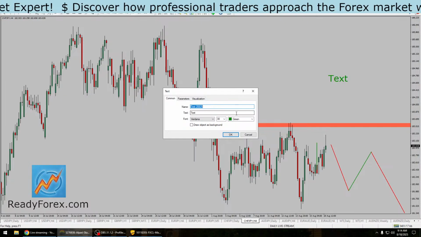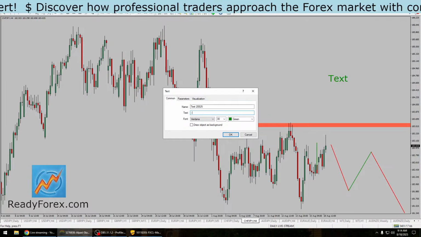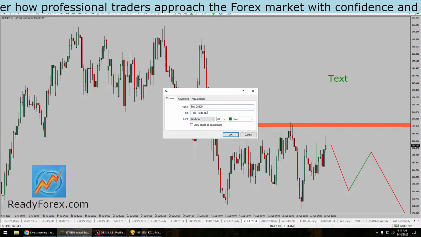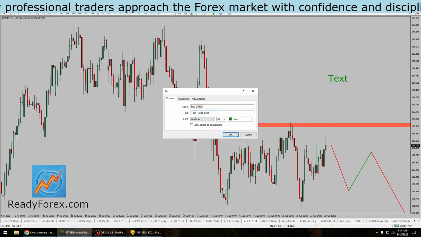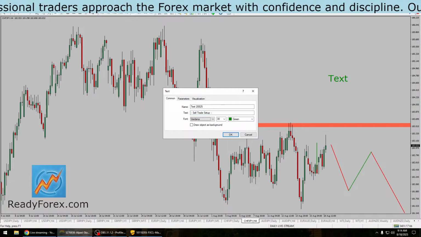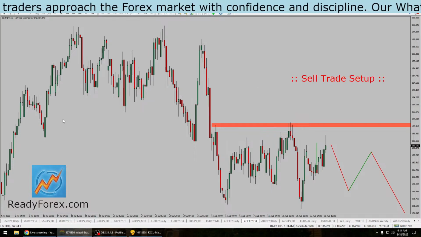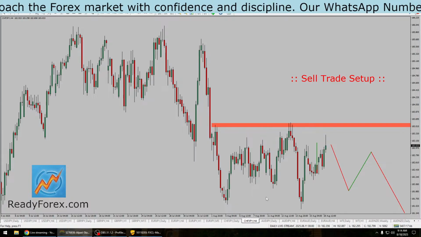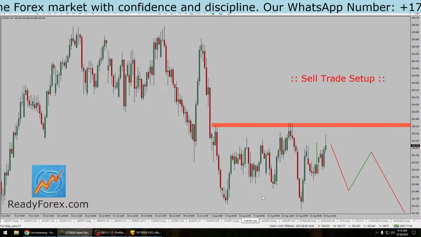Let me even write it down over here. So this is a sell trade setup inside Swiss versus Japanese yen currency pair.